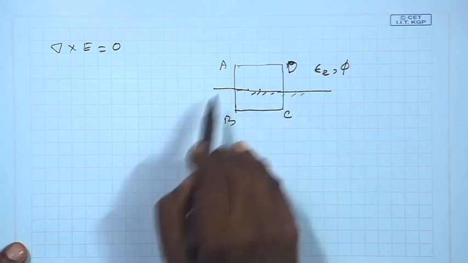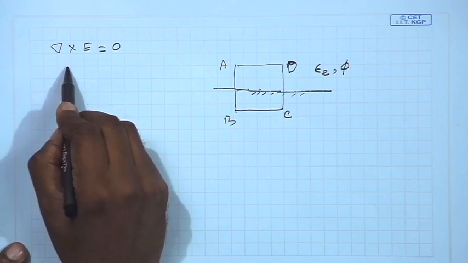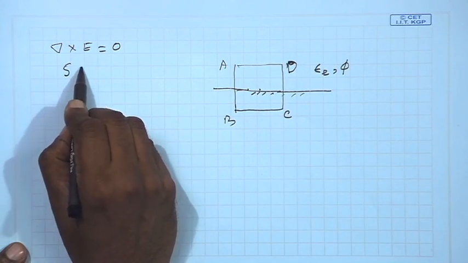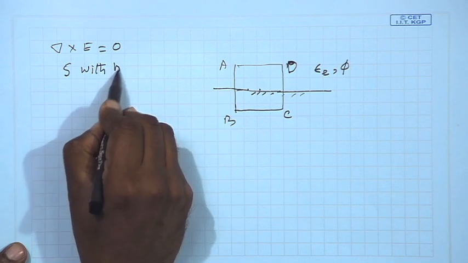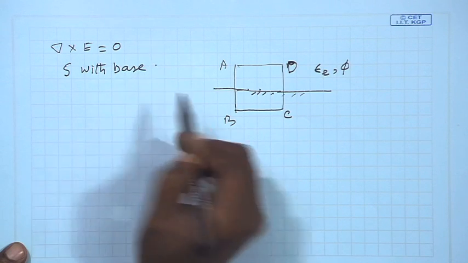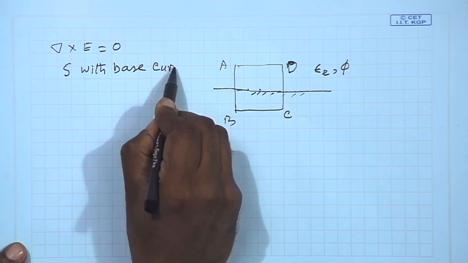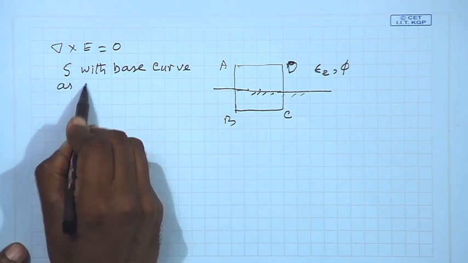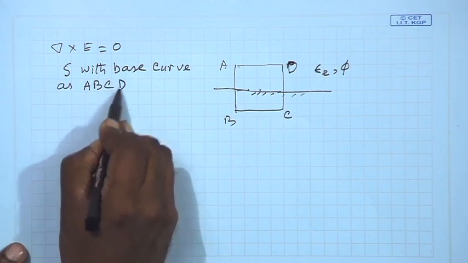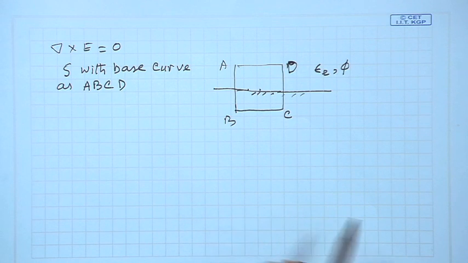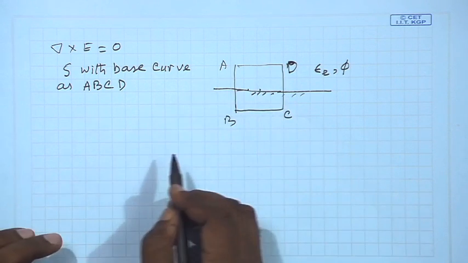And now, we construct a surface S with base curve as ABCD, say a cylinder, square cylinder or a closed surface with base curve as ABCD.